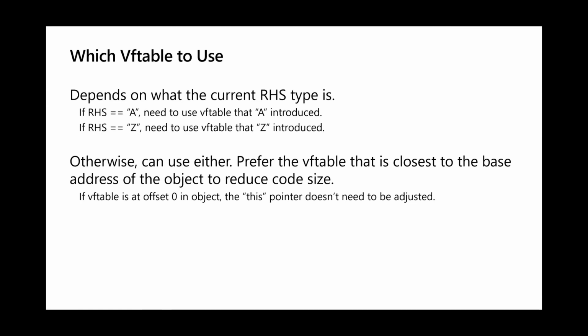It doesn't matter which one you use for the cast check. What we do is we use the vtable that is closest to the beginning of the binary, just because it minimizes code size. You don't need to do math on the pointer in order to read the vtable out of the object.